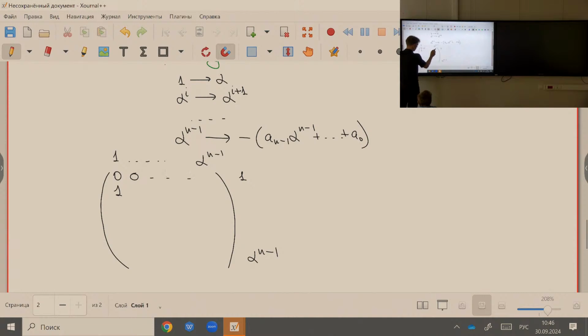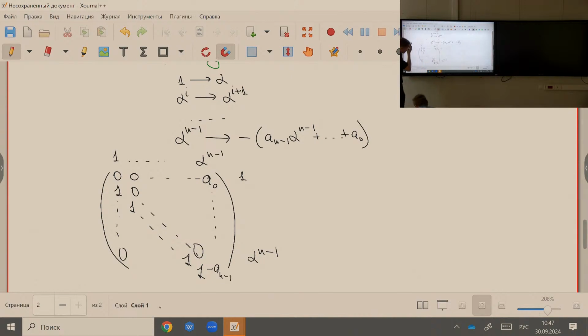Here I put all zeros, and on the diagonal, except the last term, I'm putting zeros. Ones go down the diagonal below. For the last column, there is a different formula: minus a_0, etc., and here minus a_(n-1).